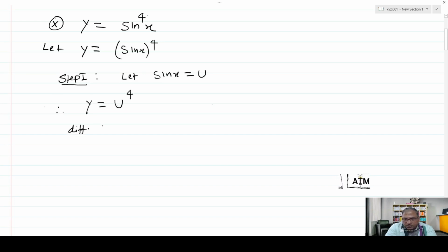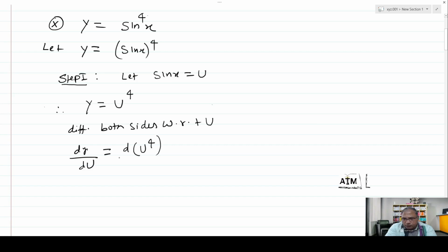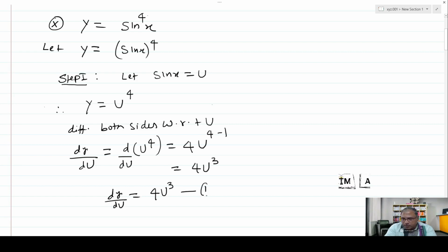Now differentiating both sides with respect to u, dy by du equals differentiation of u raised to 4 with respect to u, equals 4 u raised to 4 minus 1, equals 4 u raised to 3. So dy by du equals 4 u raised to 3. Call it equation number 1.